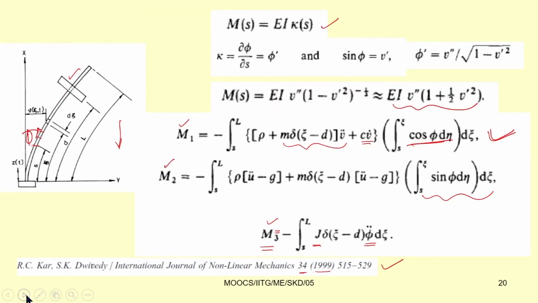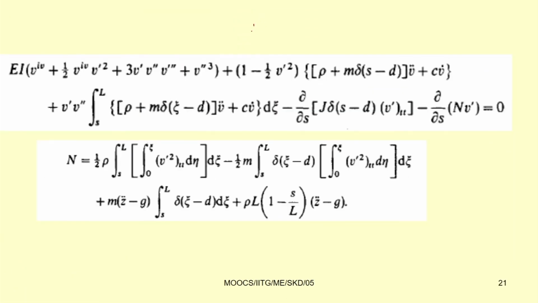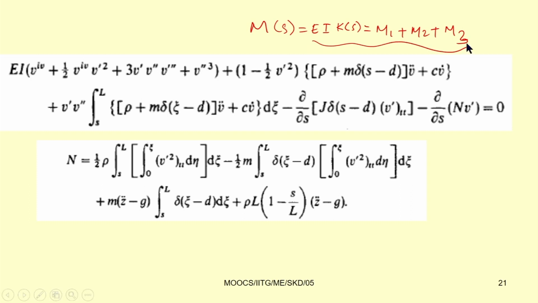Now, you can write m s equal to EI. Already we got k s equal to this m1 plus m2 plus m3, and now m3, and differentiating it twice, one can get this equation.